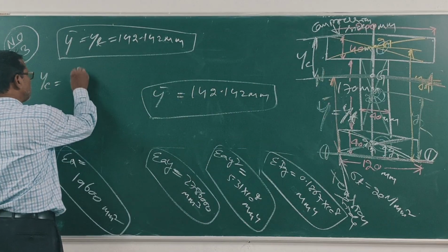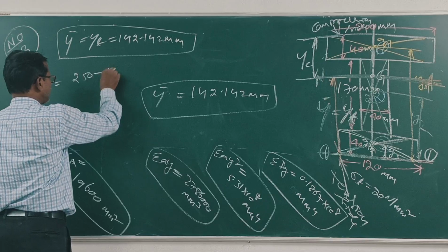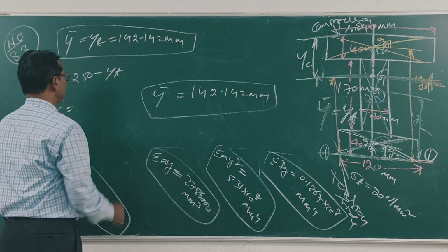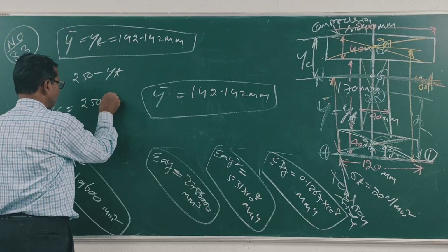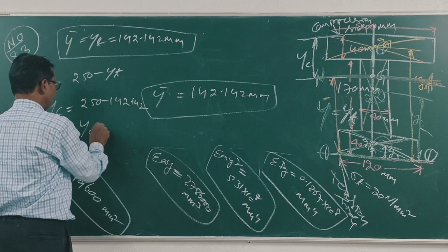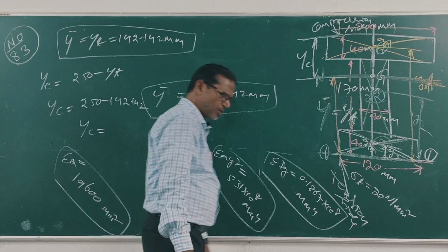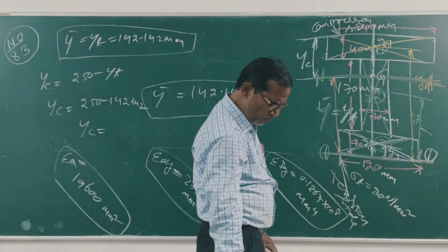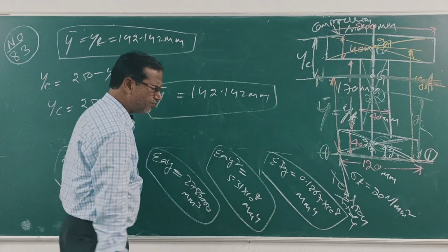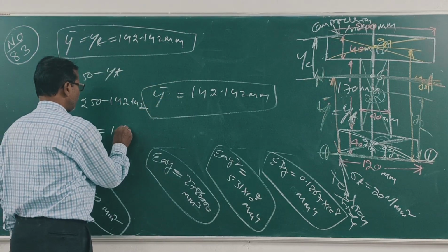So yc is 250 minus 142.142. What is yc equal to? yc is equal to 107.85 mm.